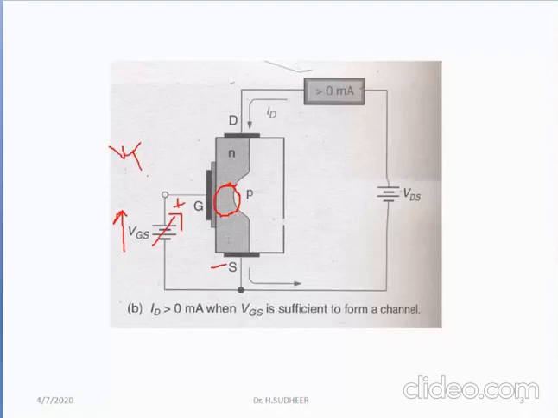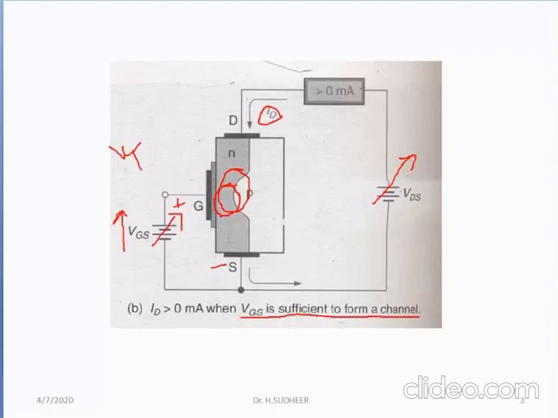When VGS is equal to VT, the negative charges deposited beneath the gate are sufficient to create a channel between drain and source. Once the channel is established, the current can flow from drain to source and the current can be increased by increasing VDS. So the second condition is VGS is made positive and sufficient enough to form a channel.